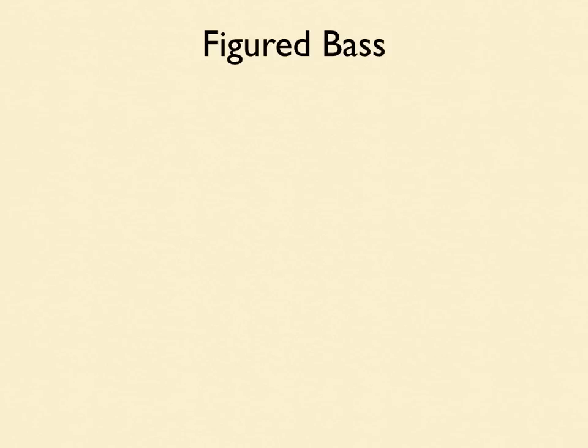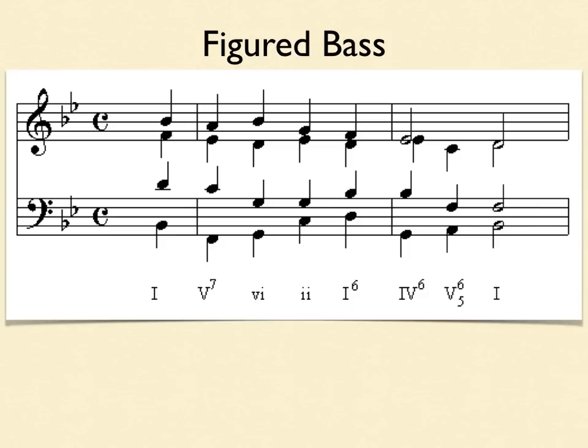I'm just going to show you an example of what it looks like. The thing to pay attention to here will be the Roman numerals underneath the chords. So the analysis section is what we're looking at, and you should already be familiar with these Roman numerals, but the numeric symbols next to those Roman numerals, that's the figured bass. Things like the dominant chord with the 7th, the tonic chord with the 6th, the subdominant chord with the 6th, and the dominant chord with the 6/5 next to it.